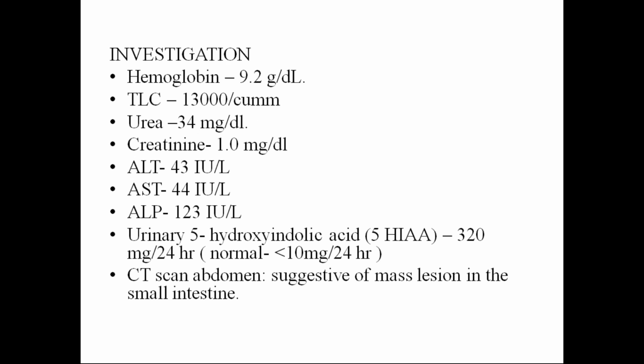In the investigation, hemoglobin is 9.2 gram per dl, and kidney function tests, urea, creatinine, are within the normal limit. Liver function tests are also normal. The positive finding is urinary 5-hydroxy indoleacetic acid. The normal level is less than 10 milligram per 24 hours, and it came out as 320 milligram per 24 hours.